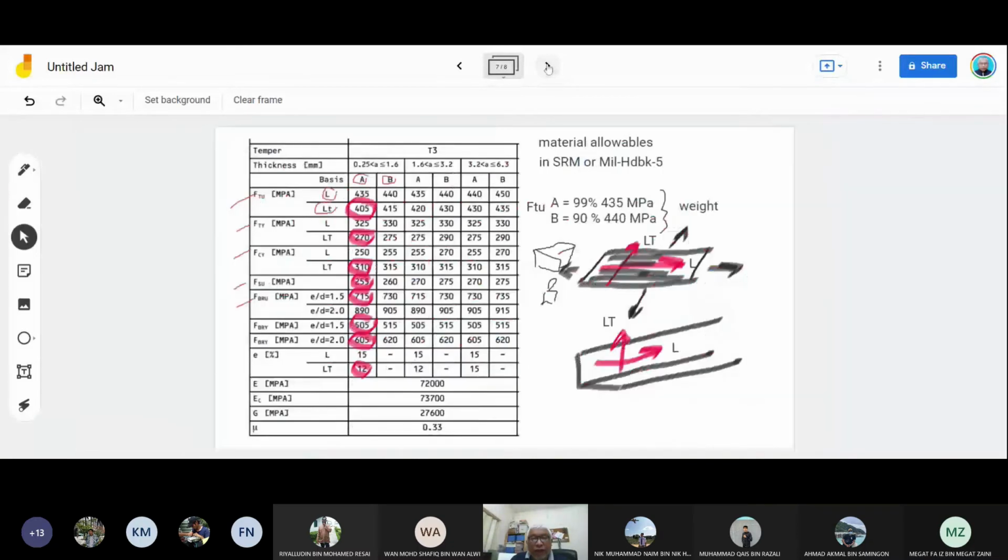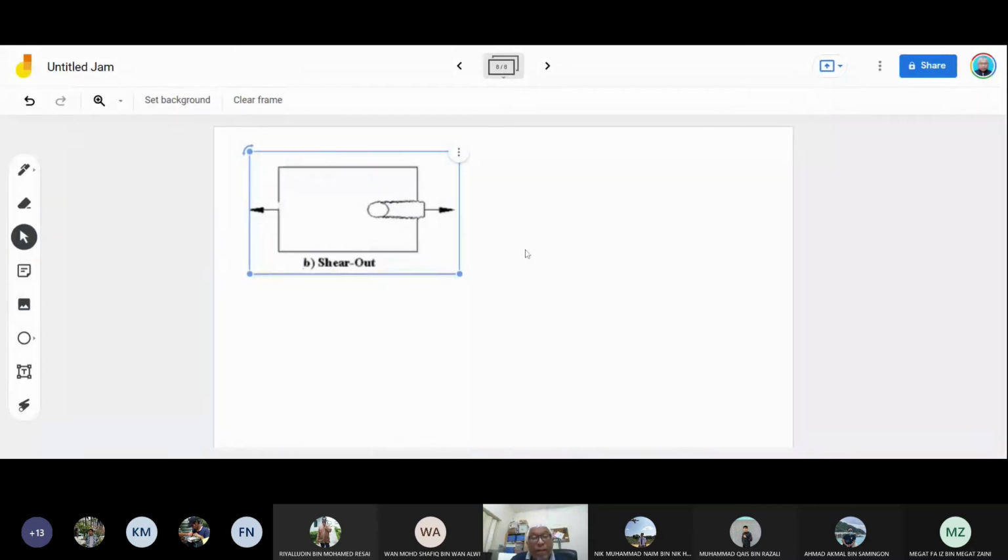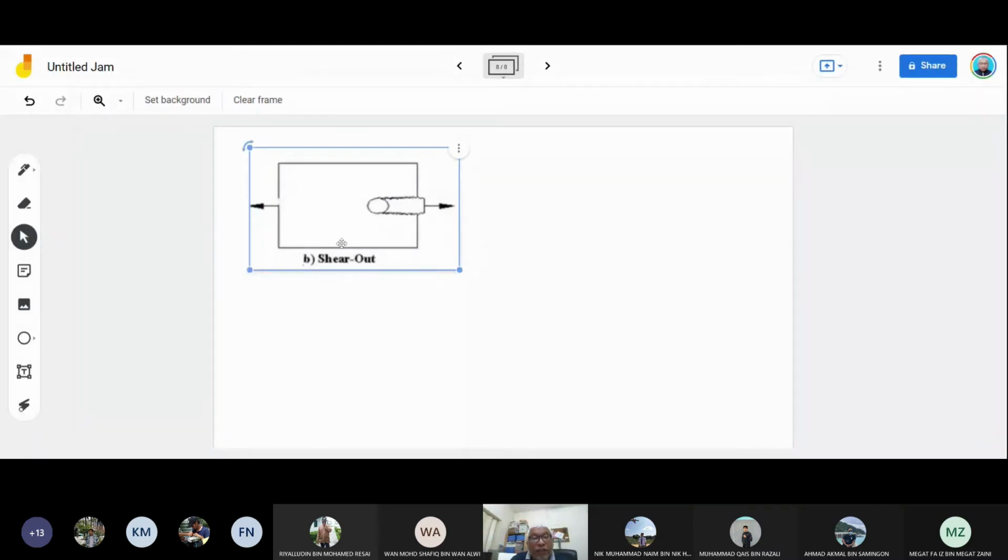Okay, next we look at the shear out. Use the same material, the force is still the same. You consider everything is the same, only a different analysis.